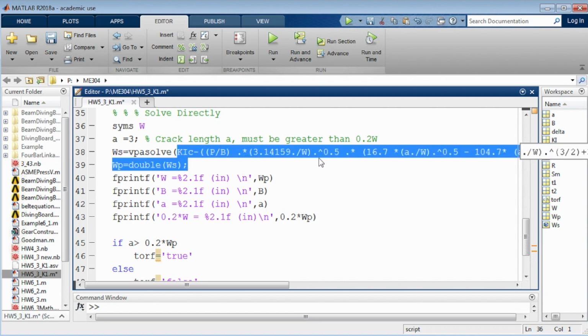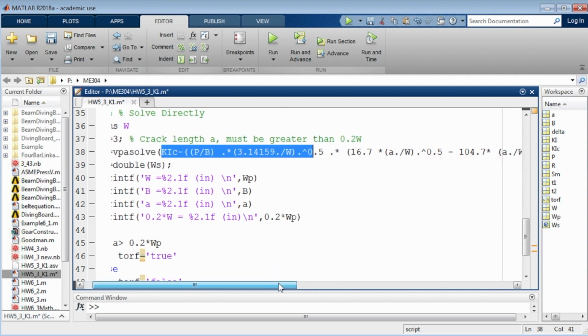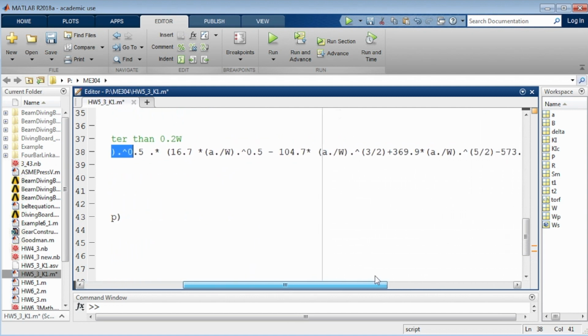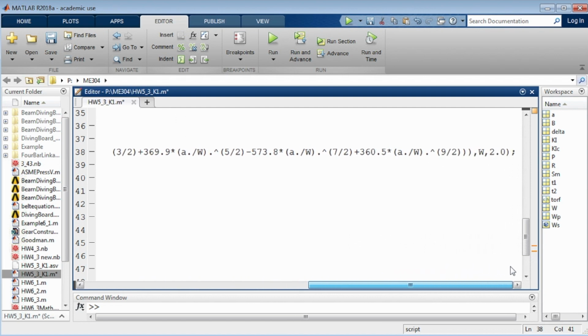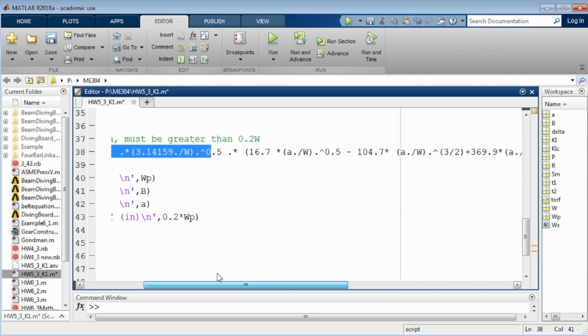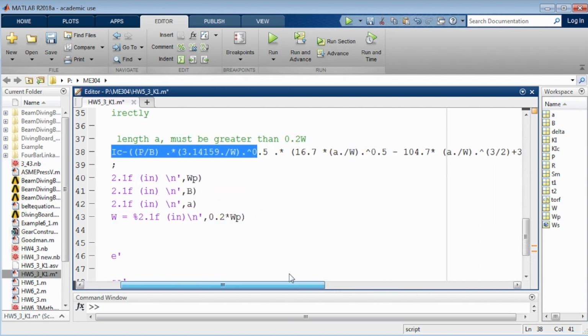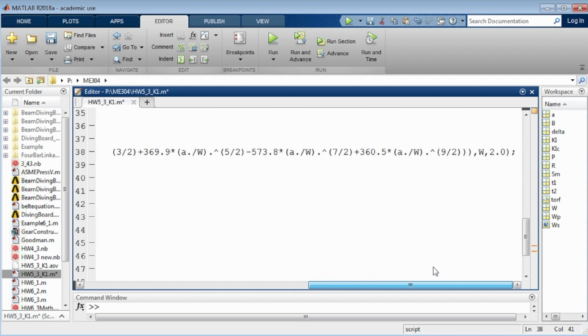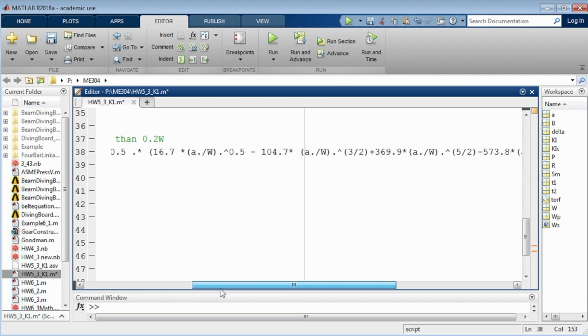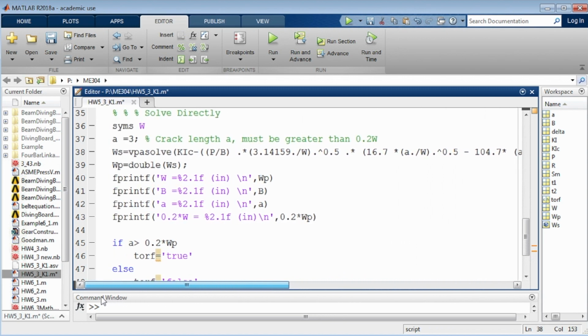So this is the equation for the stress intensity factor, and I then ask it to solve that equation. On the right hand side, I state the symbol that I'm solving for and then give it some initial value. Typically it isn't particularly sensitive to what value you put here.